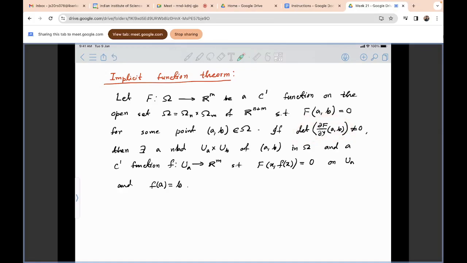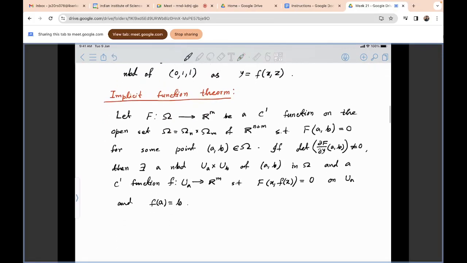If it is non-zero, then there exists a neighborhood U_a cross U_b in omega and a C1 function such that f of (x, f(x)) is 0. That means in the neighborhood where this derivative is non-zero, the second coordinate y can be written as a function of x, and f(a) is b. So the variable whose derivative is non-zero can be written in terms of the other.